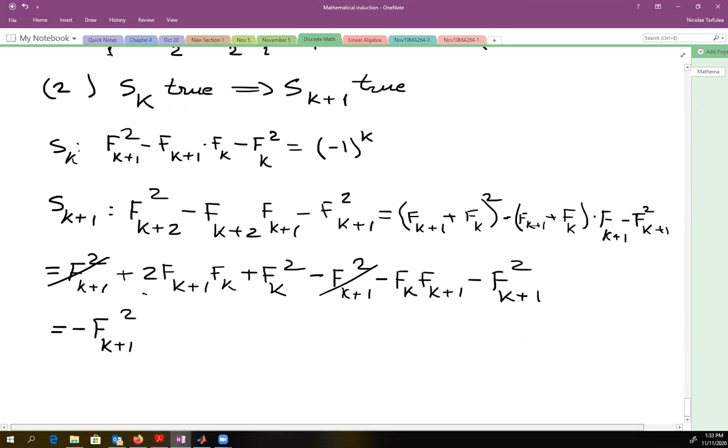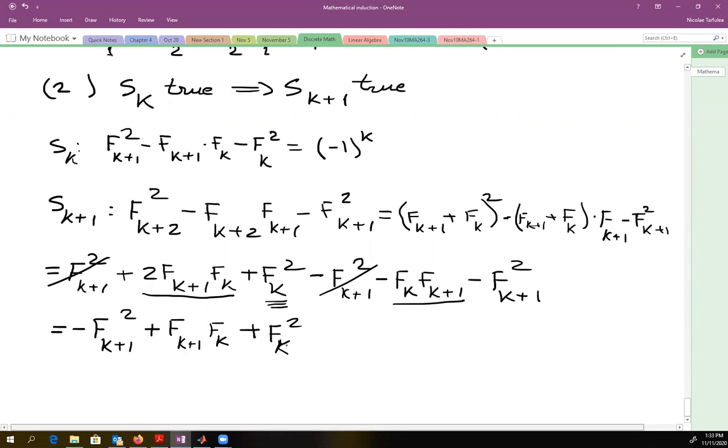Now, look, these two terms are alike, so we can combine them, and I have here just plus F_{k+1} times F_k plus this leftover F_k squared.